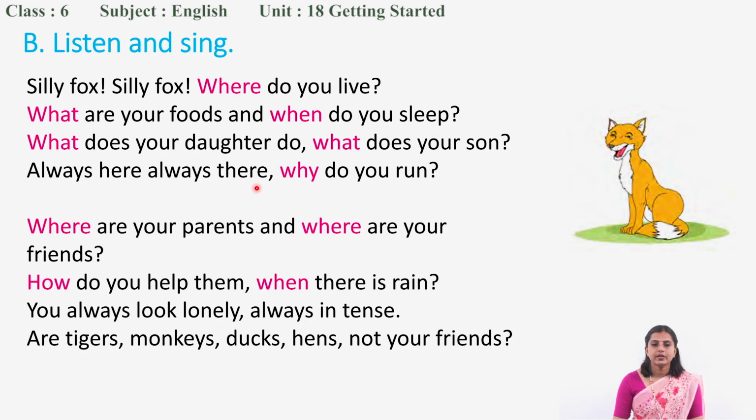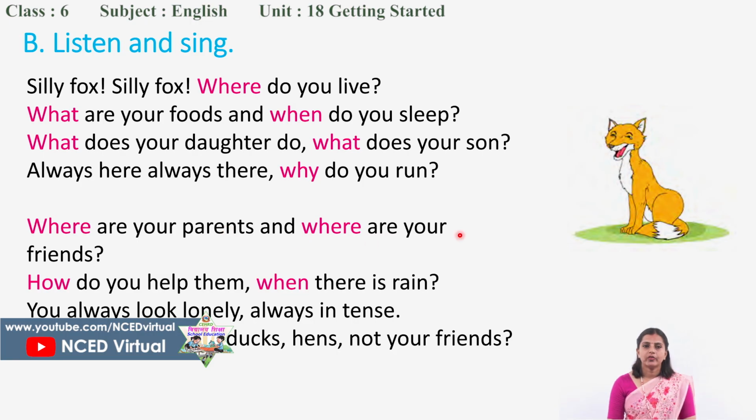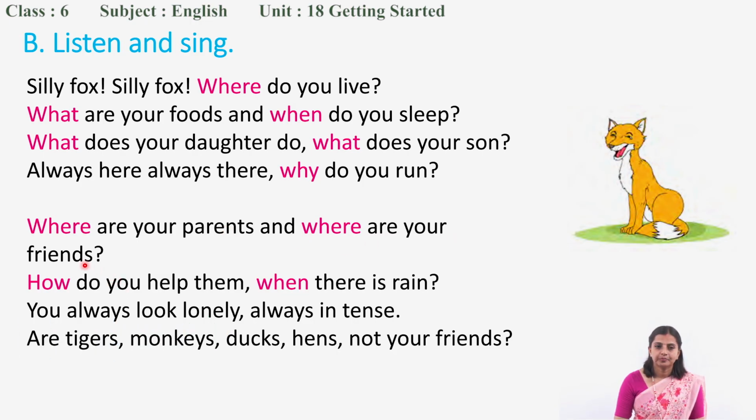Always here, always there, why do you run? Where are your parents and where are your friends? How do you help them when there is rain? You always look lonely, always intense. Are tigers, monkeys, dogs, hens not your friends?